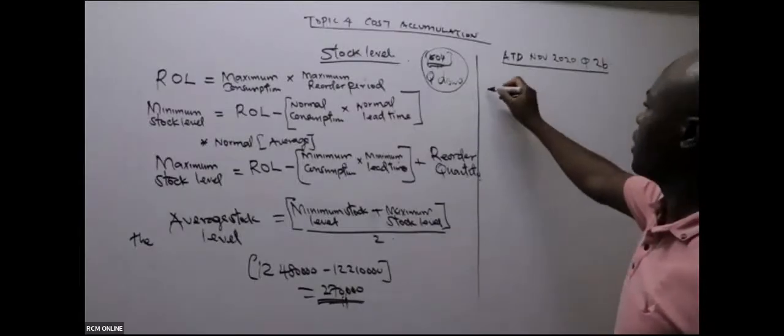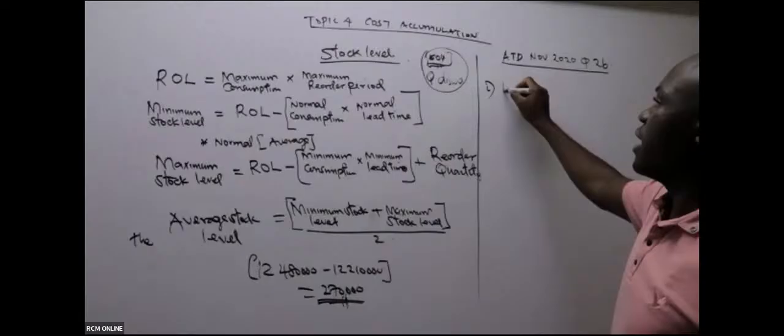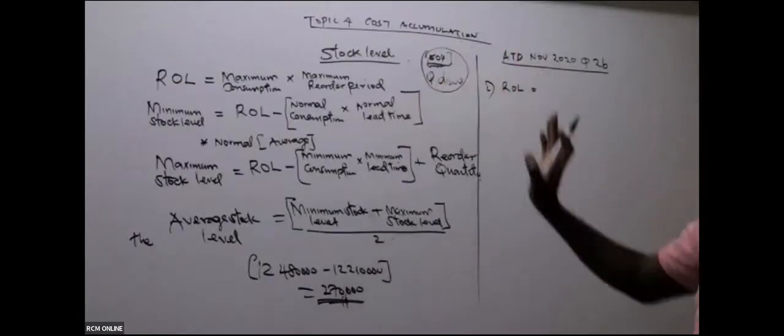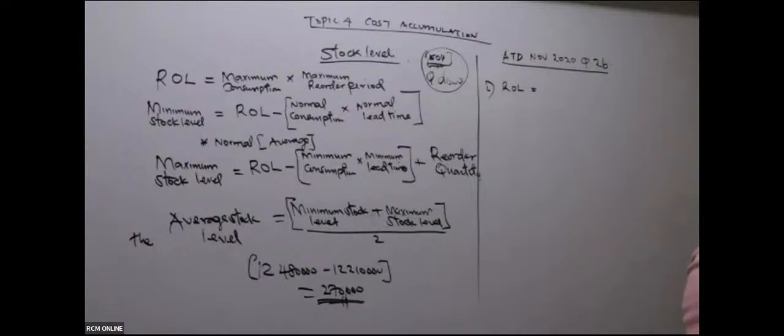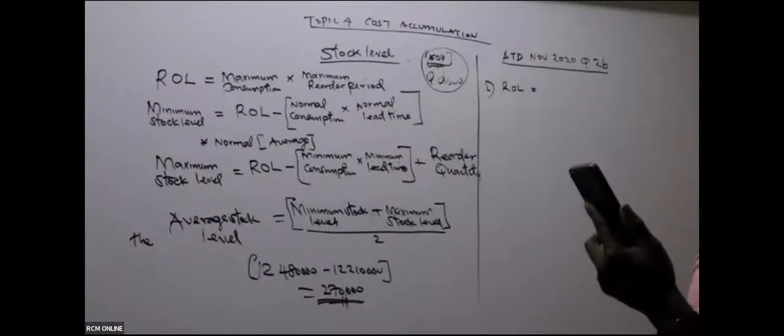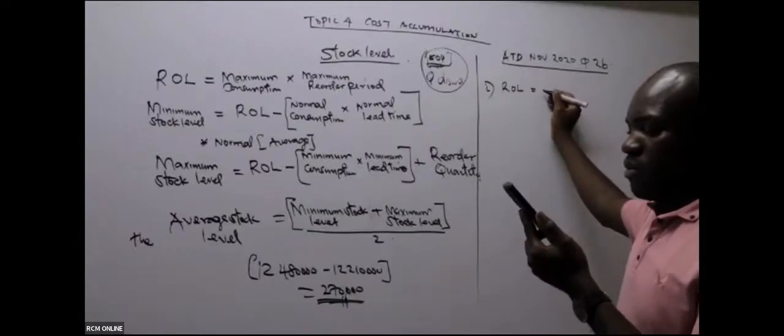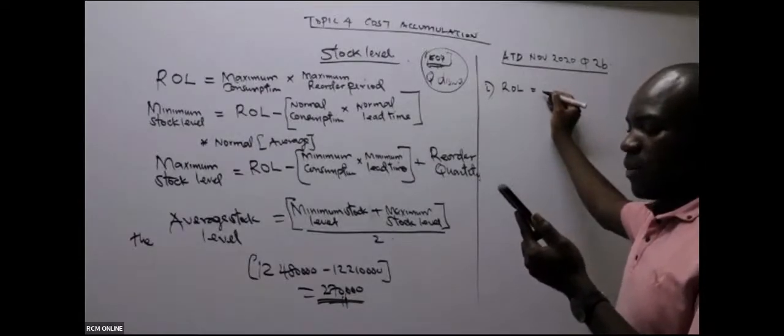So Roman one, reorder level is equal to maximum consumption times maximum reorder period. So can someone give us maximum consumption? Maximum consumption is the same as maximum usage.